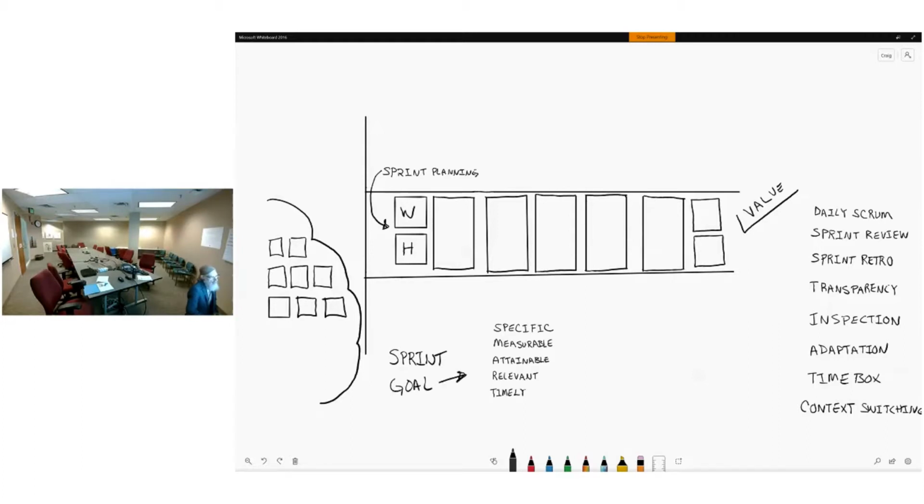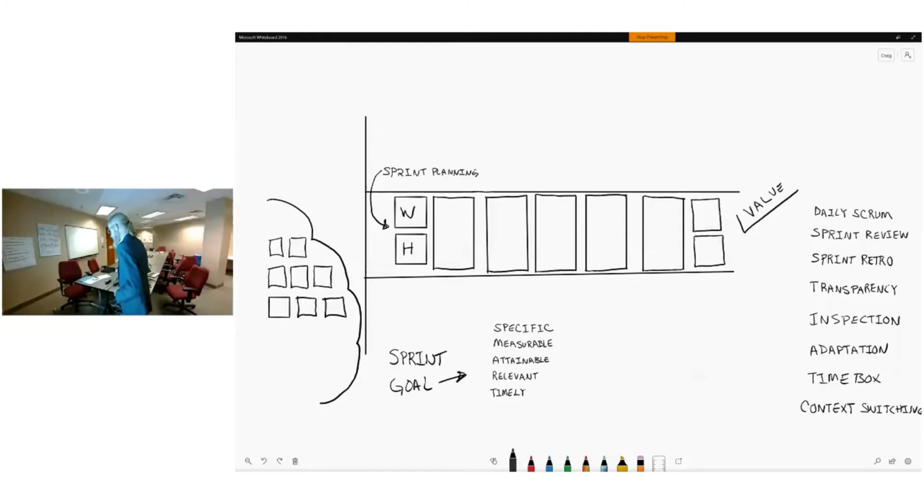Now, last time that we taught this, there was quite a bit of discussion about what it means to be attainable. We had an example where you probably did the exercise where you use story points to value some soup.